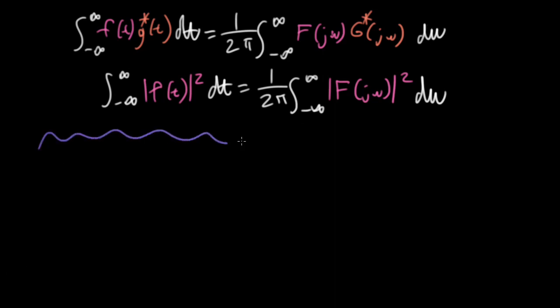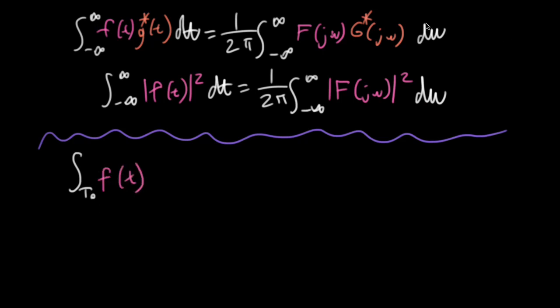Fortunately, there is a version of this theorem that applies to periodic signals. So if you want, you can integrate over any period of a periodic function f of t, and then I multiply that periodic function by another periodic function, g, with the same period, and we need to remember to put in the complex conjugate there.